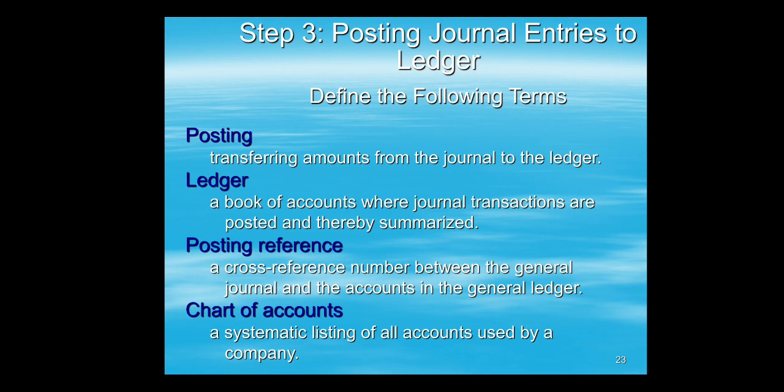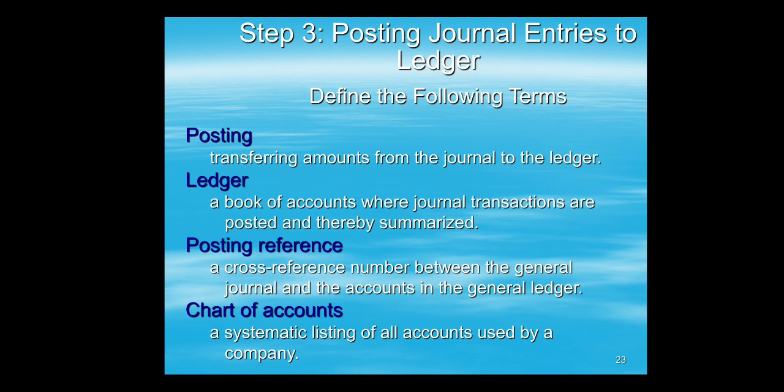And chart of accounts. Okay, ledger is like a book, a big book. So at the early pages of the ledger, that is like several pages that show the content of the ledger. So that content of the ledger, we call it chart of accounts.